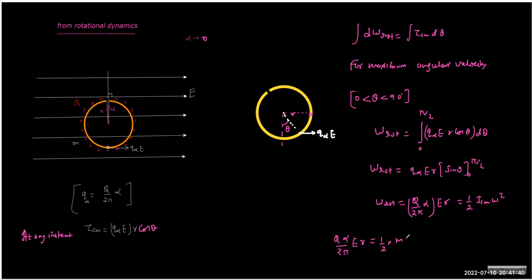And for a ring, the answer is M R square. That's a simple answer. So 2 will cancel out. Correct. And R will cancel out. So you got the omega value finally. So the maximum omega will be how much?